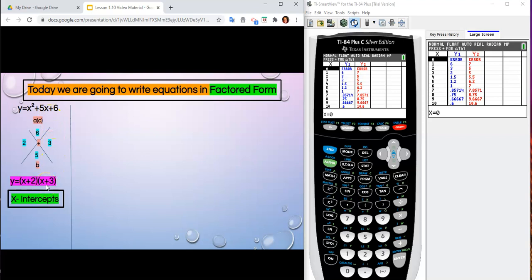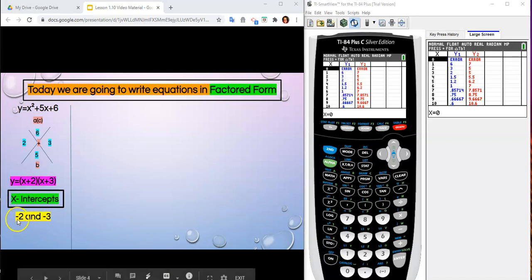So since it's now factored, I can determine just from looking at the equation what the x-intercepts are. And if you said that the x-intercepts were not -1 and -5, but -2 and -3, so let me fix that. Okay, if you said that the x-intercepts were at -2 and -3, then you were absolutely correct.